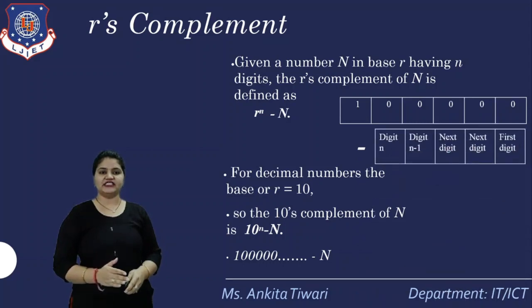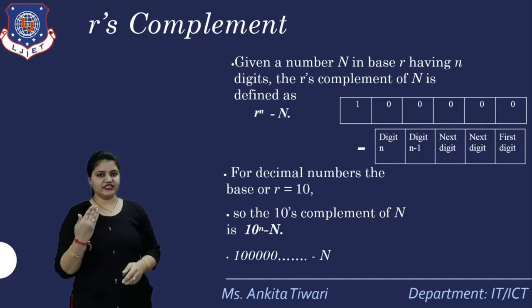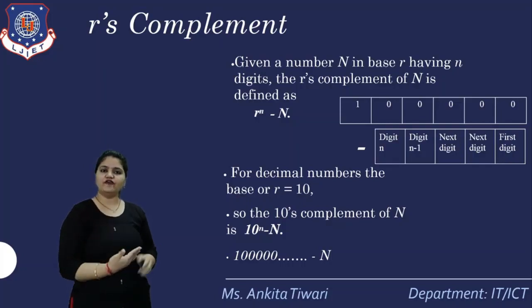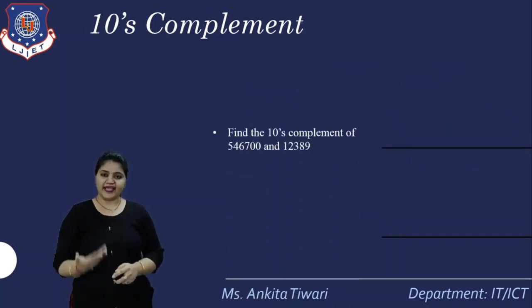So that is defined as 1 with 6 zeros minus your number itself, whether it is given in binary, in decimal, or in hexadecimal. You have to take that number only and subtract, and you will get the answer. So here we'll take one example of tens complement itself.